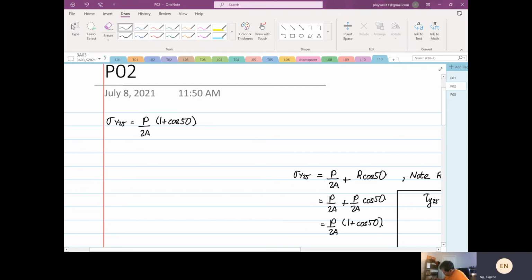We want to find P. So P is equal to stress Y25 multiplied by 2A, divided by (1 plus cos 50).